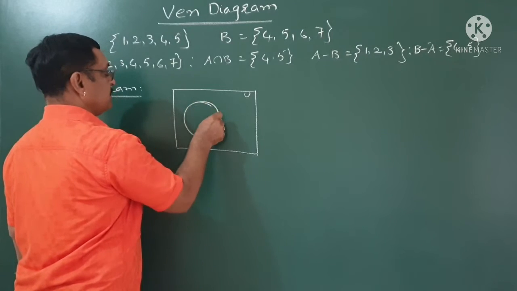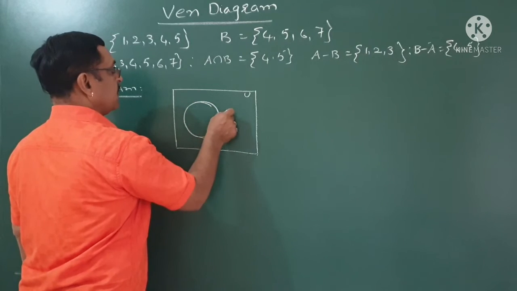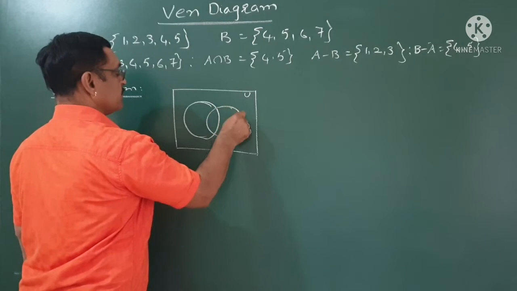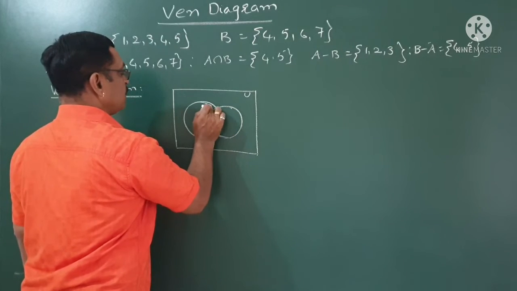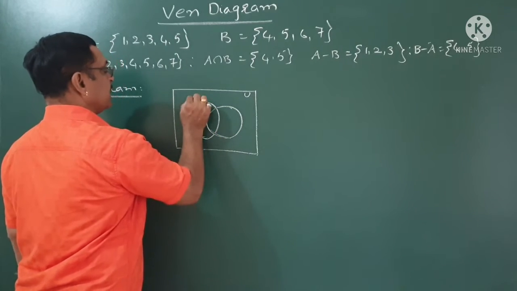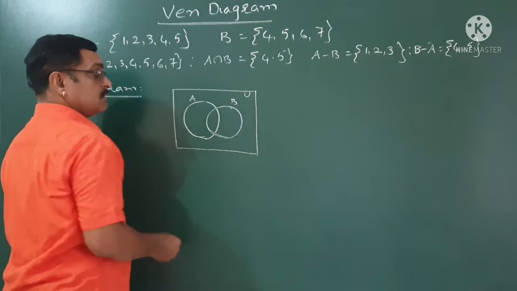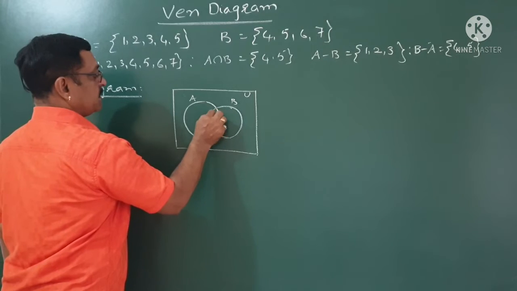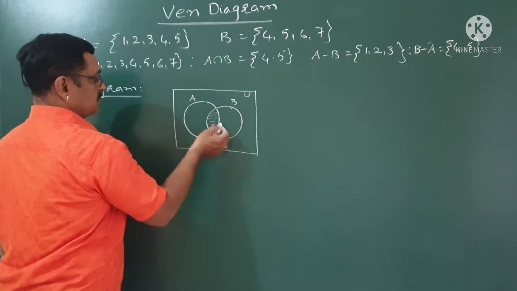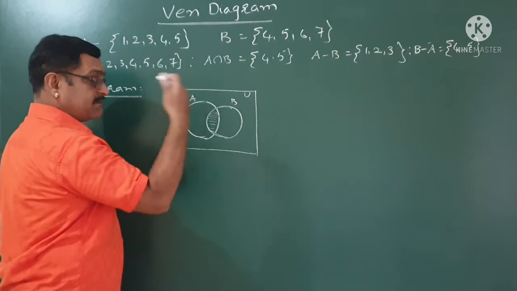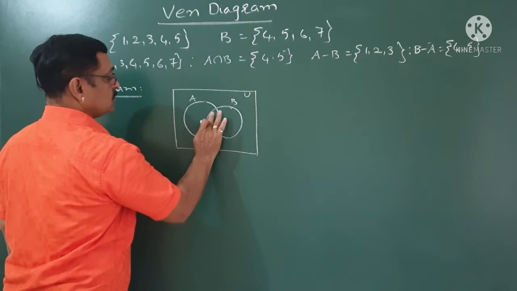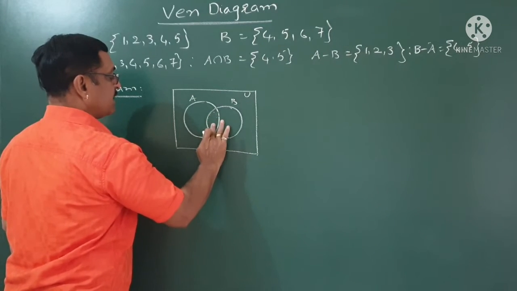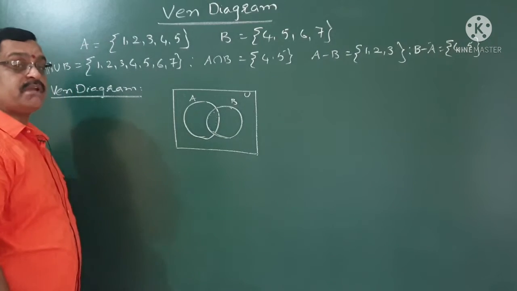One circle represents A and the other circle represents B. Why overlapping? Only to show that they have common elements. If you observe carefully, this part belongs to A as well as B. So the common, overlapping part represents A intersection B.